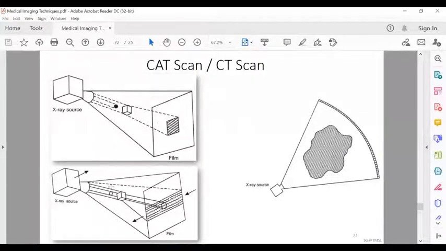Okay, the shadow of the sphere is hence reinforced as the X-ray vantage point is changed, and these vantage points for axial tomography are taken around the axis of the body. So a very narrow pencil-like X-ray beam scans a single slice perpendicular to the body axis.